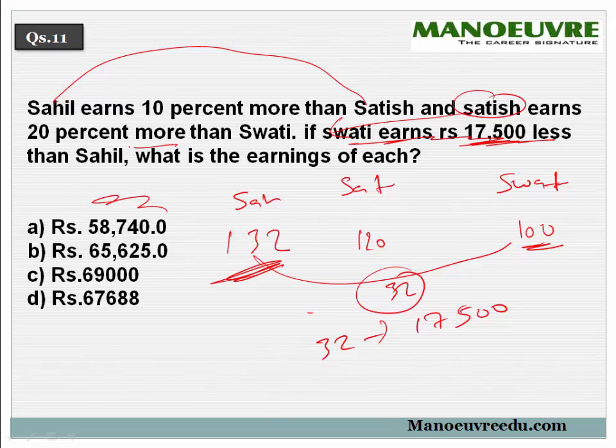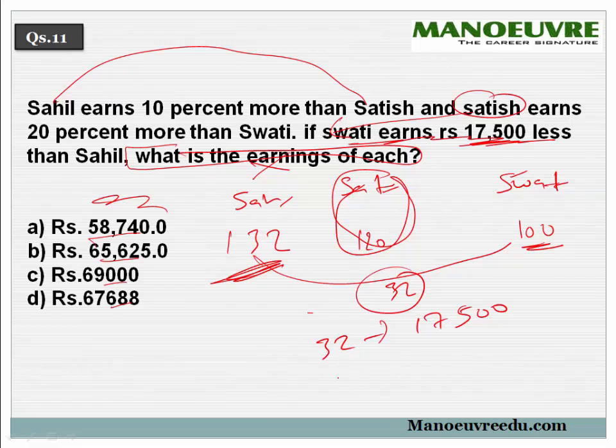Earning of each, this is wrong. If they are not equal, their earning is not equal. Options are this, I guess. I need to check the options.